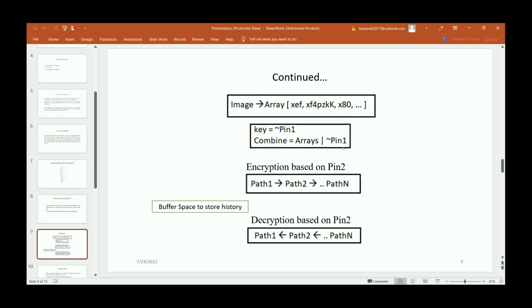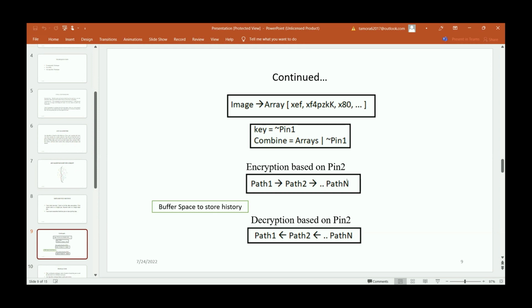When I say combine, it creates a new array of bytes. The values you're seeing would be really different when this step completes, and the new array of bytes is stored in the same image.